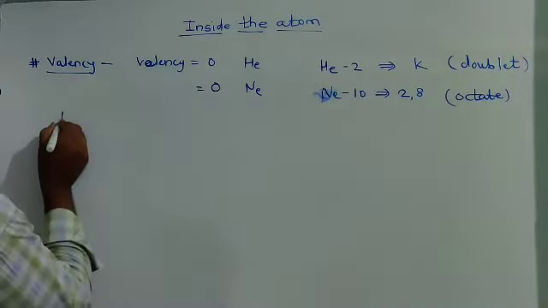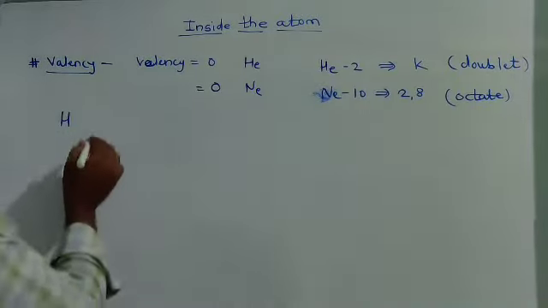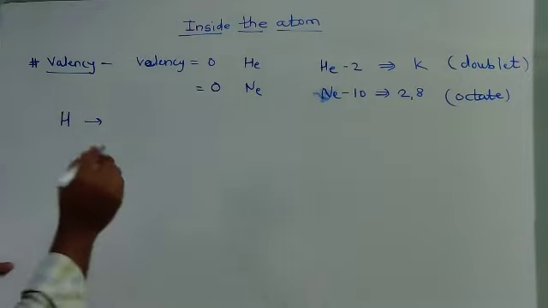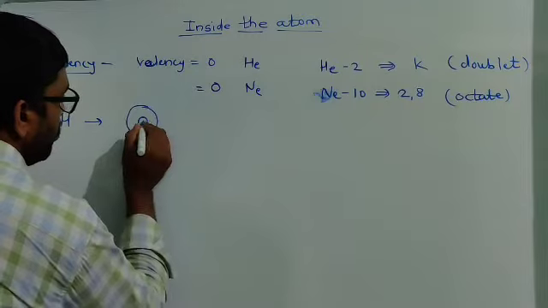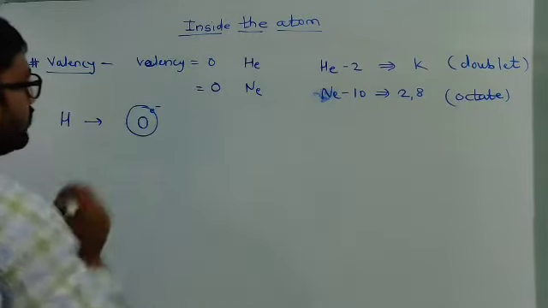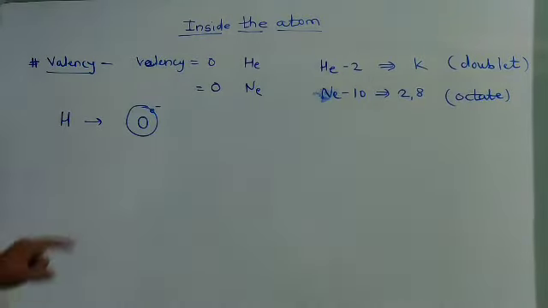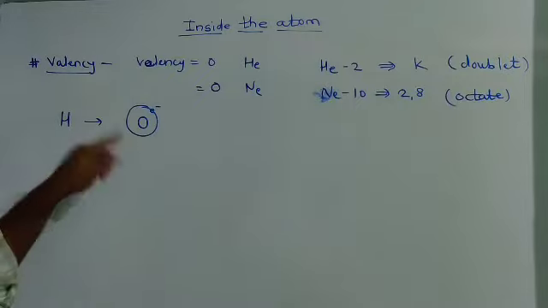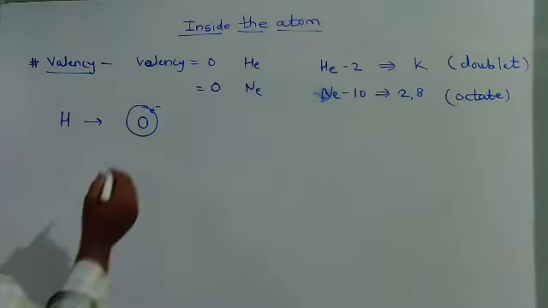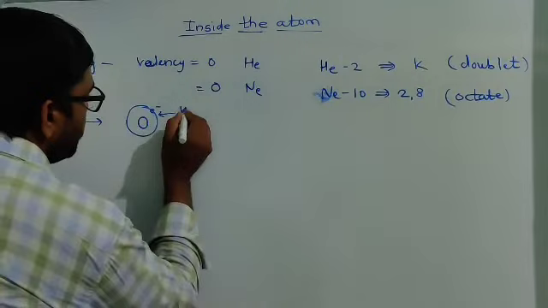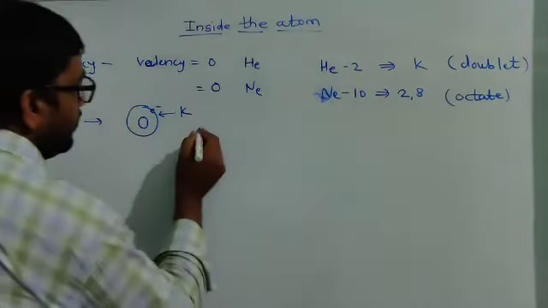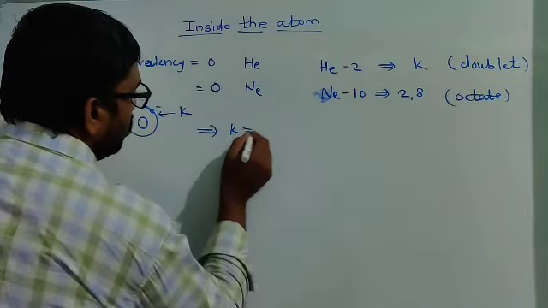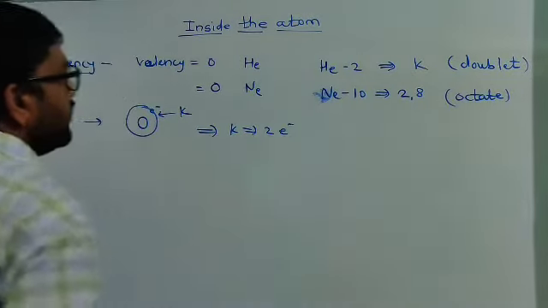Look at hydrogen, H. We know in the hydrogen atom there is only 1 electron in the outermost shell. Look at, this is the nucleus and suppose this is 1 electron. This is the first shell and the outermost shell of the hydrogen atom. This is the K shell, and we know the maximum capacity of the K shell is 2 electrons.